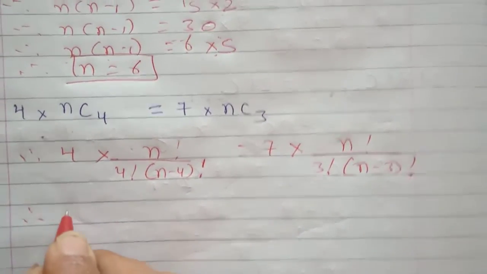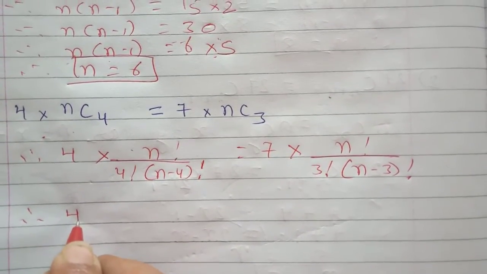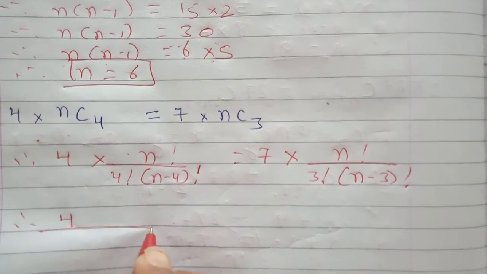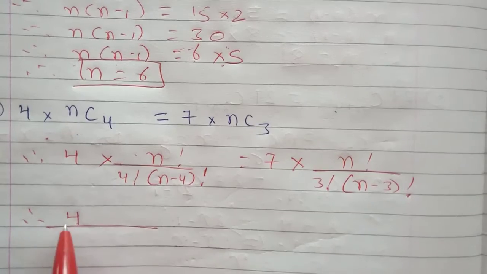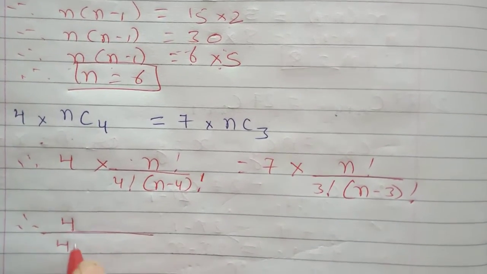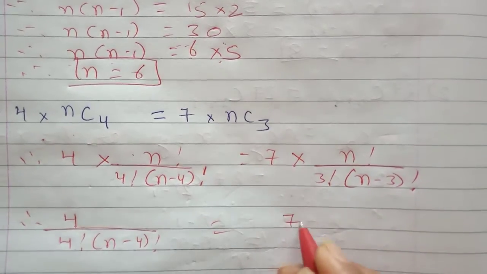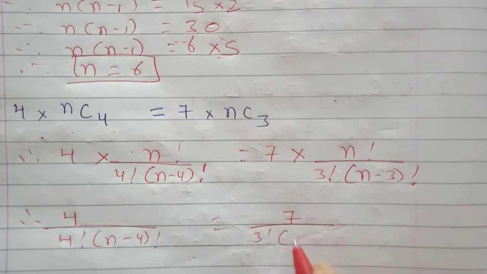That is equal to, now 4 upon 4 factorial into (n minus 4) factorial, 7 upon 3 factorial into (n minus 3) factorial.